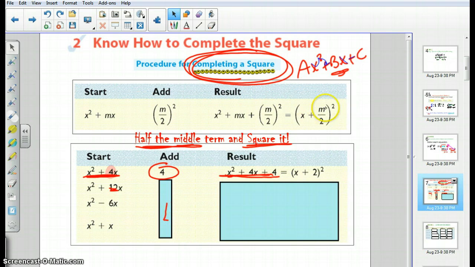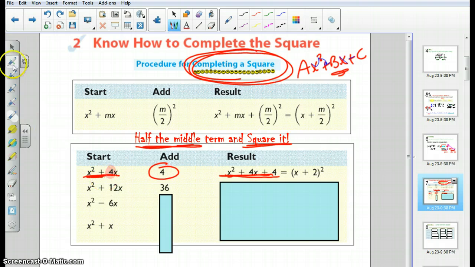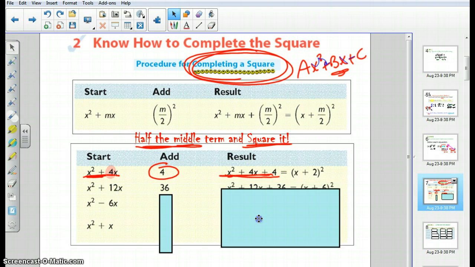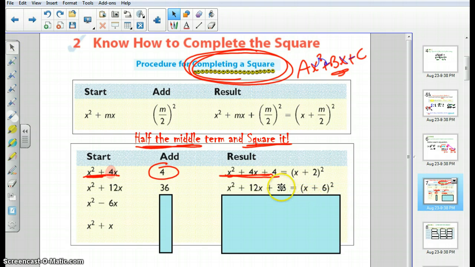So 36 is the value that we're going to be adding to this side of the equation. Actually, we're going to add it to both sides of the equation, but there aren't both sides of the equation here. So after you add 36 to both sides, we can factor. Factors of 36 that add up to 12 are x plus 6 and x plus 6, which you could write as x plus 6 squared.